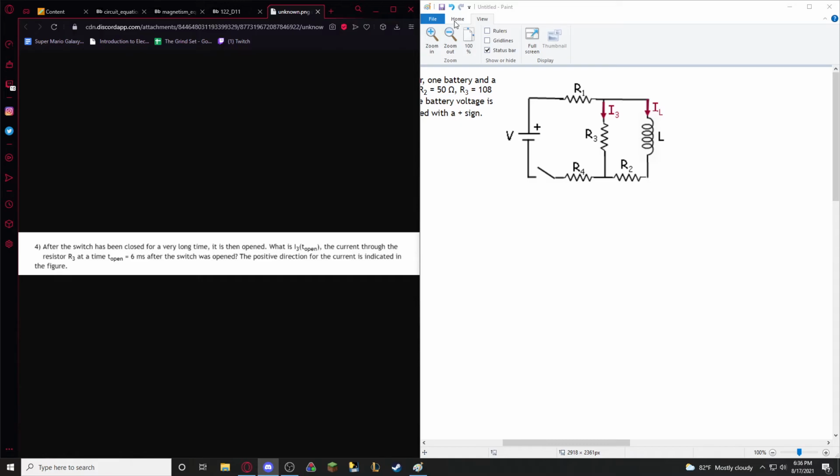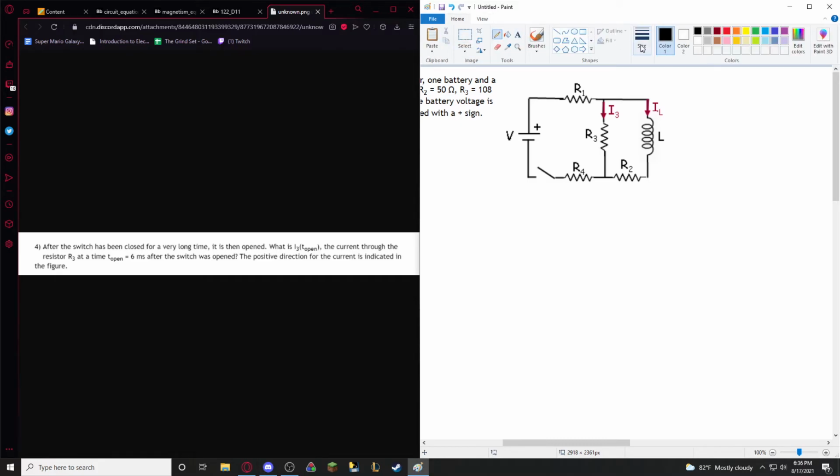Is it going to increase or decrease? And is it going to start at a maximum or a minimum? At the moment it's opened, the current should stay the same. And then over time, it will decrease. Exactly.